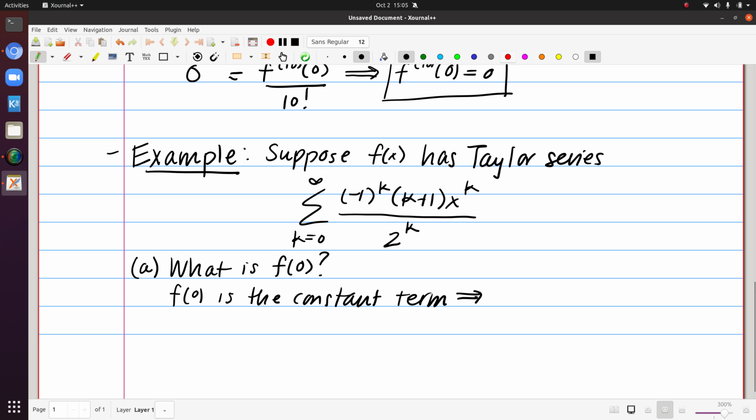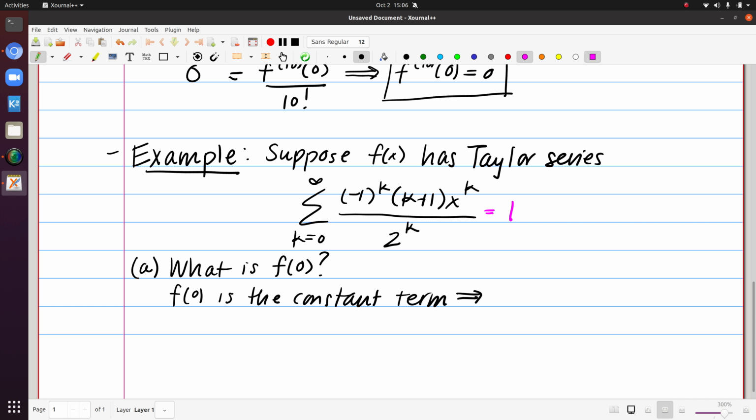So in order to think about that, we could write out a few terms of this series. When k is 0, we would get (-1)^0 times 1 times x^0. So we would get 1 here.